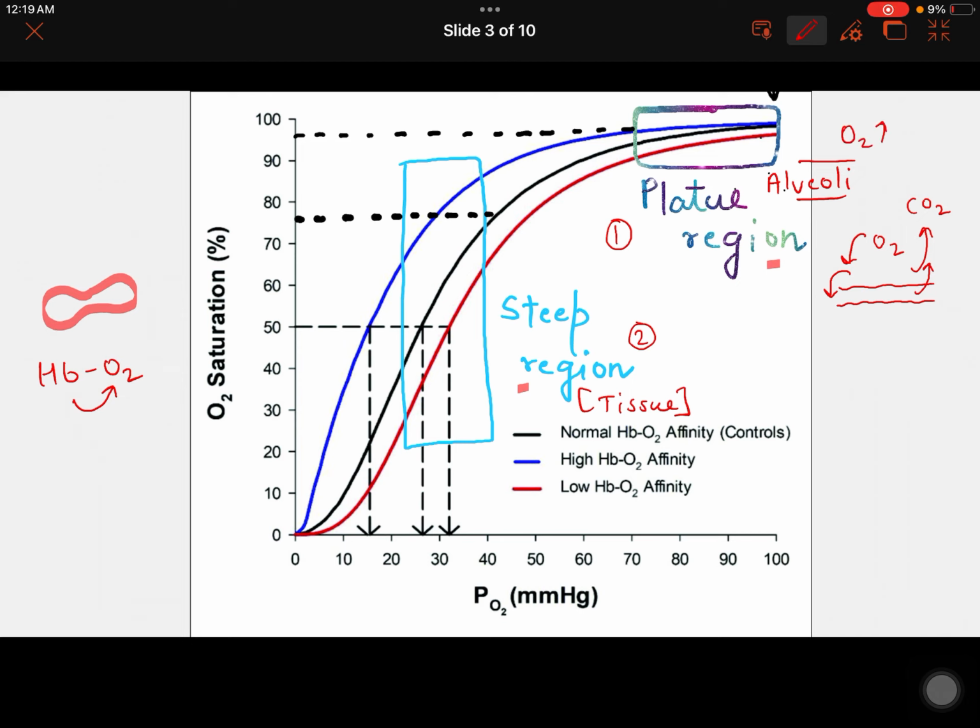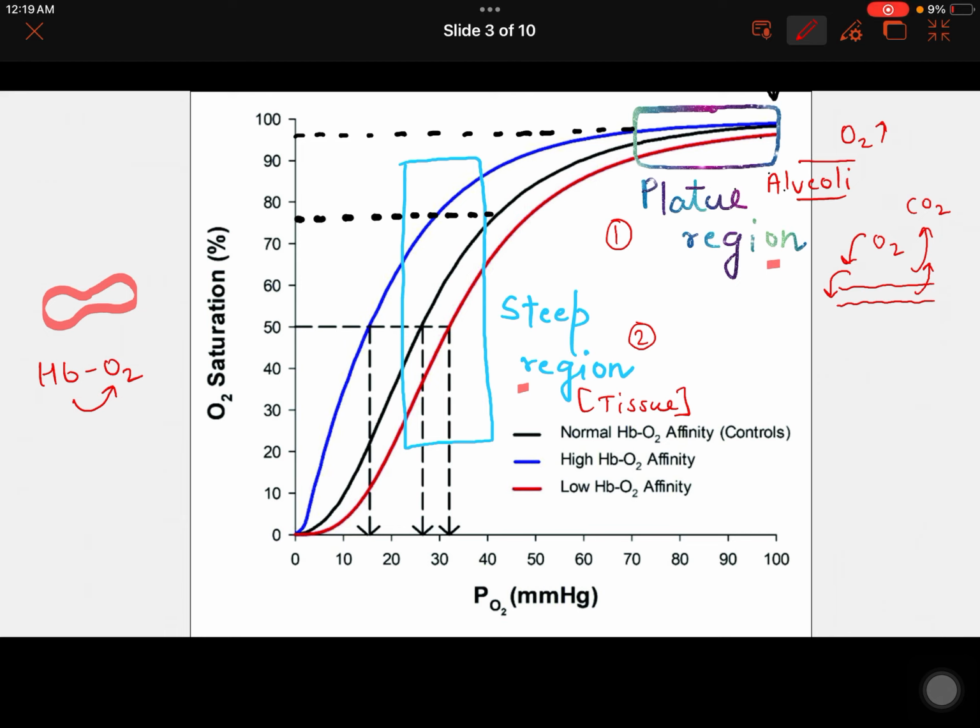At the tissue level the oxygen level reduces, because in the lungs we get the oxygen directly from the atmosphere, and from the lungs the oxygen has to travel to the tissues, so obviously it drops.